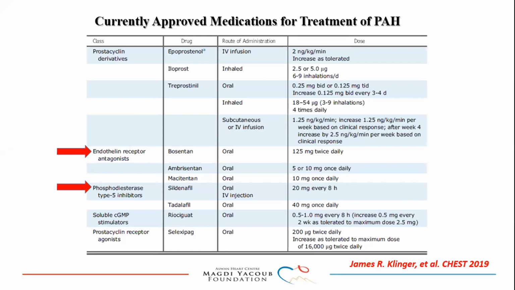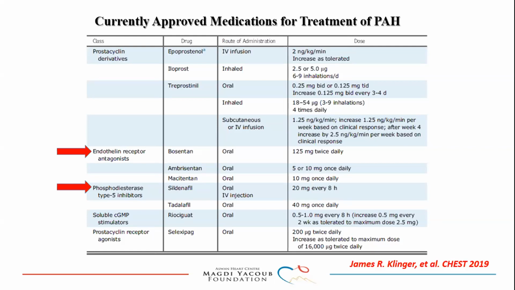One of its well-known side effects is liver toxicity, so it needs a monthly follow-up of liver function tests while using it. The second in this group is ambrisentan. Its dose is 5 to 10 milligram once per day.